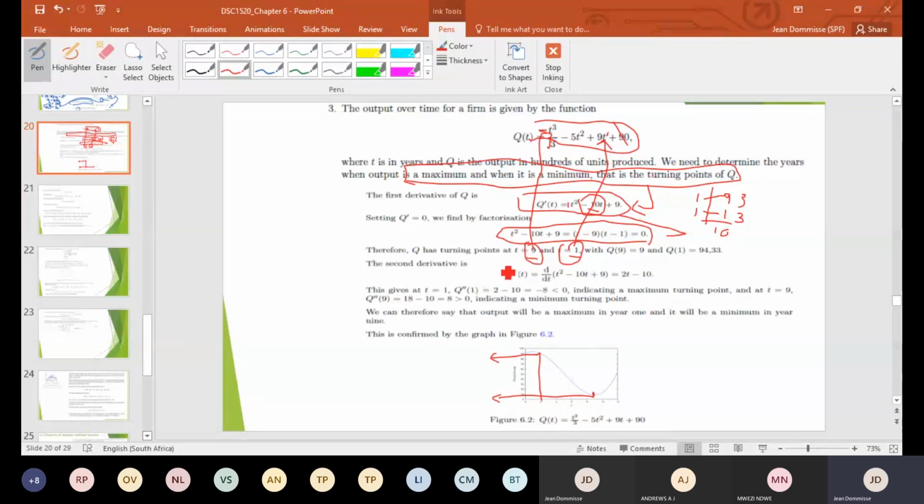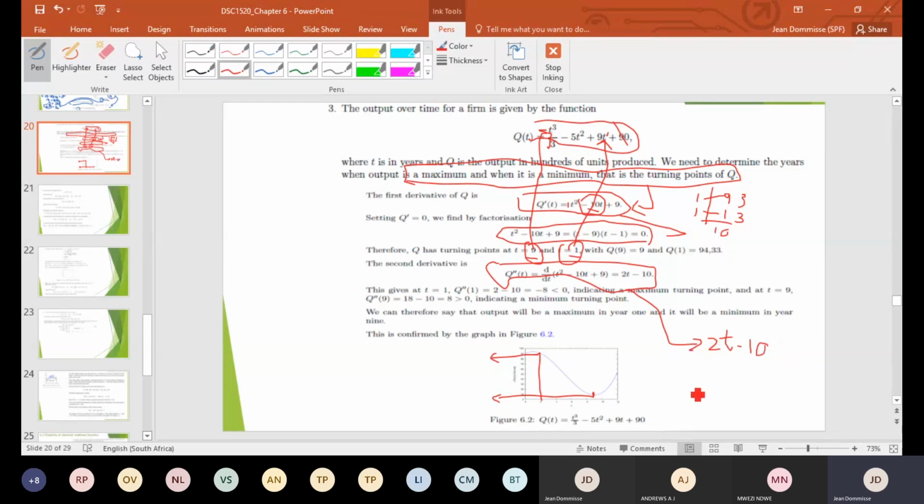Okay, so the next point is, is it a minimum or maximum? Then we need to look at the second derivative. The second derivative of that equation, again, I like it because it's much simpler. T squared becomes 2t, minus 10t gives me minus 10.